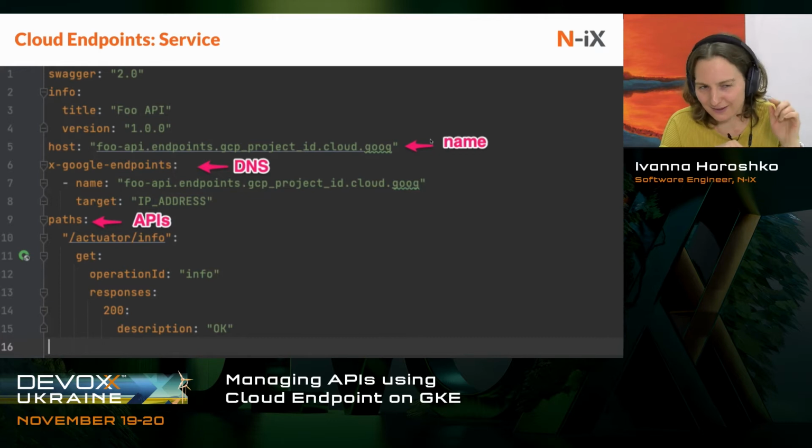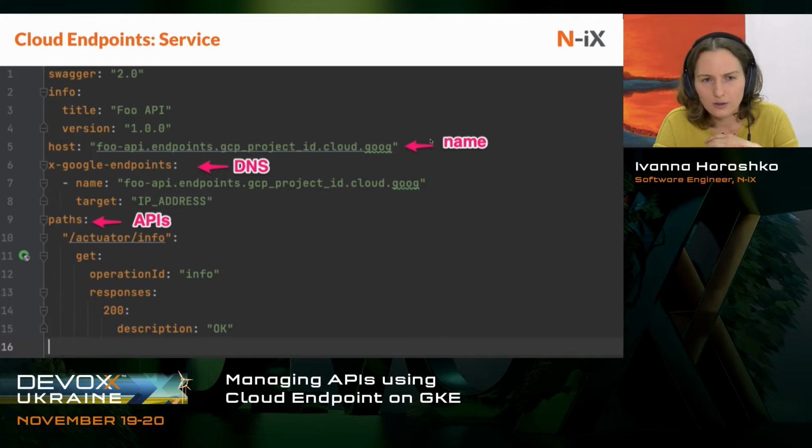But what is tricky is this: if you have this x.endpoints.goog name, you will be able to access your APIs using that URL that you have in name, which is basically the same as what you have in your host. But if you define just host without DNS, then this URL will not work, because what is called host is actually just the name of the Cloud Endpoints service.